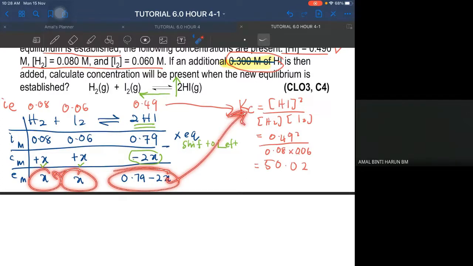Yes, we can, because the Kc value is still the same. Kc will not change as long as the temperature is constant. Kc only changes when temperature changes, like question 18 earlier.